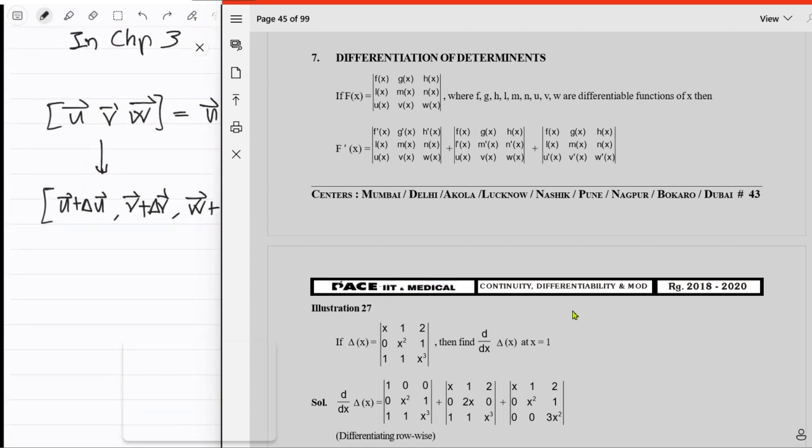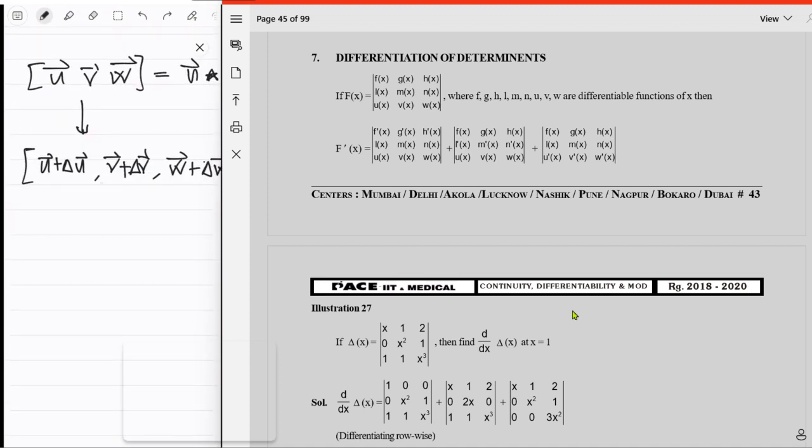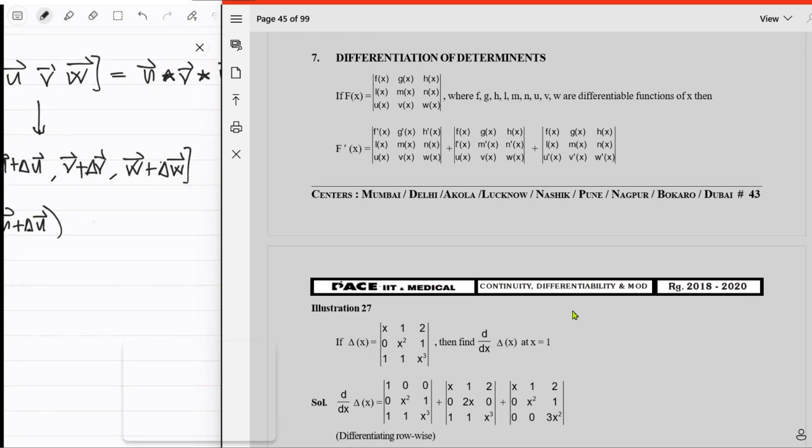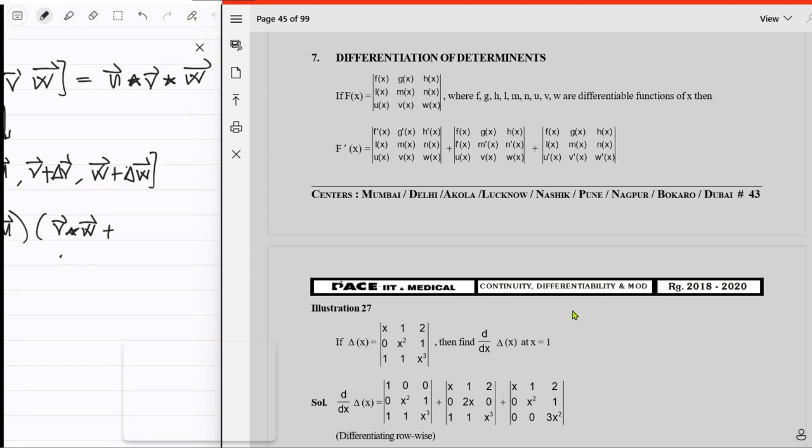Okay. So first of all, you got u plus delta u, then you want to do star, and I will just multiply now. So like v vector star w vector plus delta v vector star, let's say delta w vector. Then you got v vector star delta w vector and w vector star delta v vector, right?